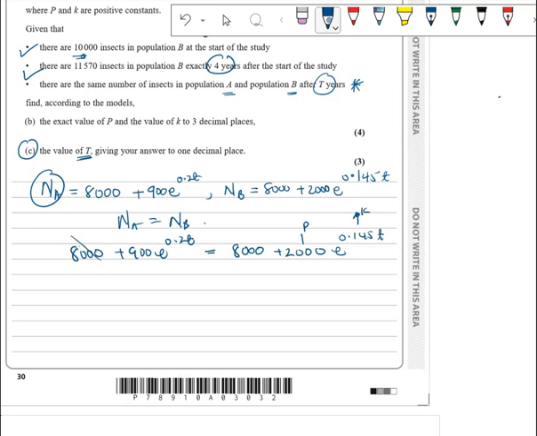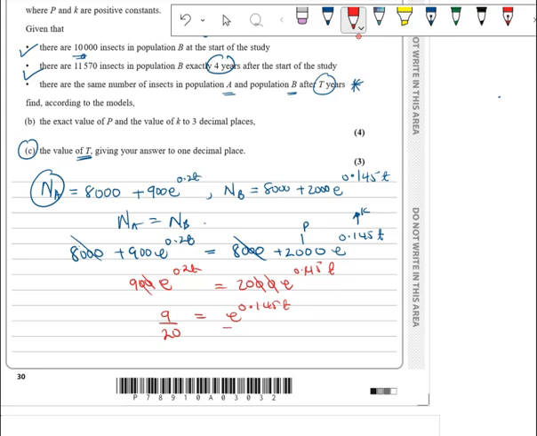What I'll do, this one will cross out because they are the same value. Now just collect the like terms on one side. I'll bring the 900 e to the power of 0.2t is equal to 2,000 e to the power of 0.145t. I'll cancel these two zeros, so that I stay with 9 over 20, and then I have e to the power of 0.145t.